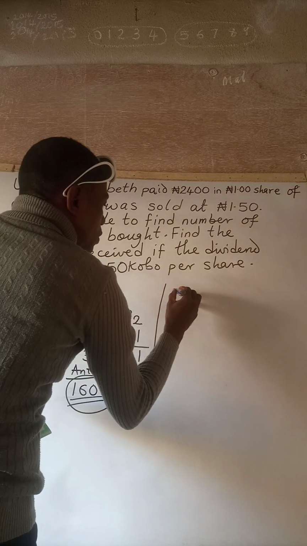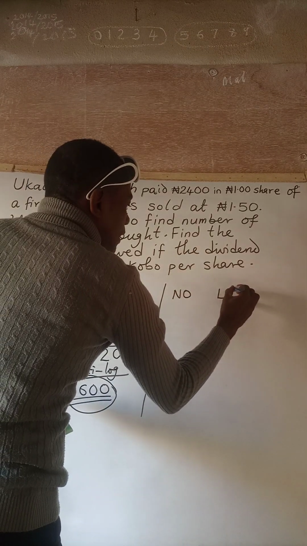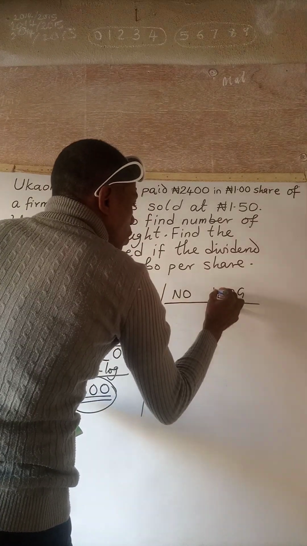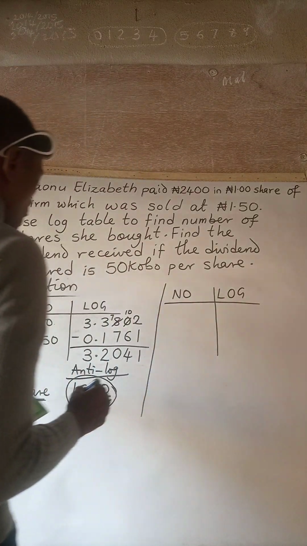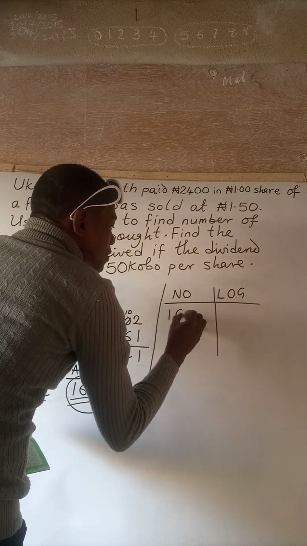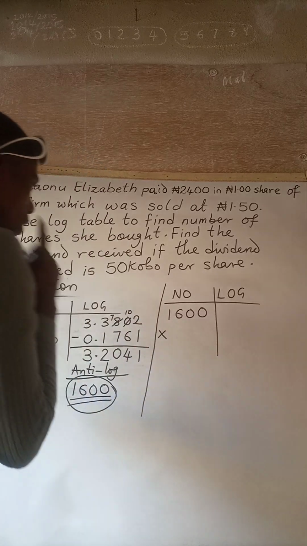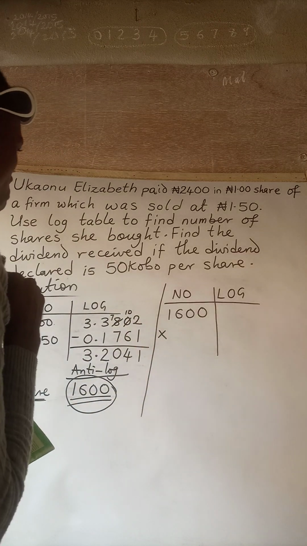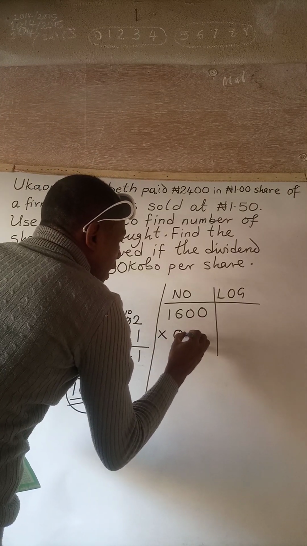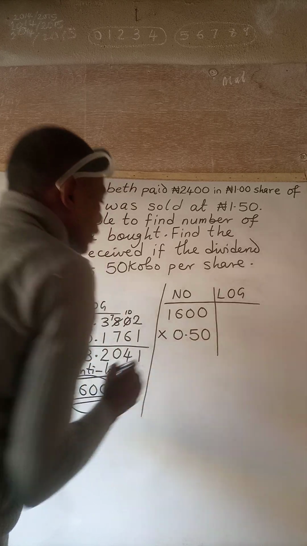So what I will do here is multiply the number of shares that this investor, Okono, bought, which is 1,600, times the cost of one share, which is 0 naira 50 kobo, which is Nigerian currency.